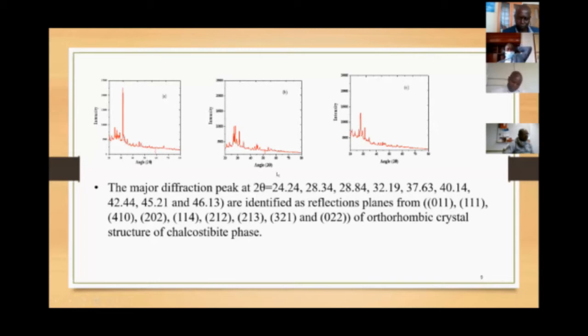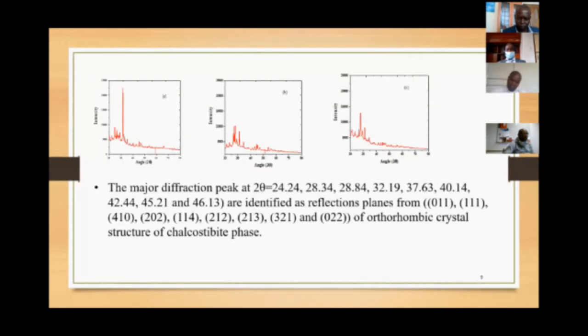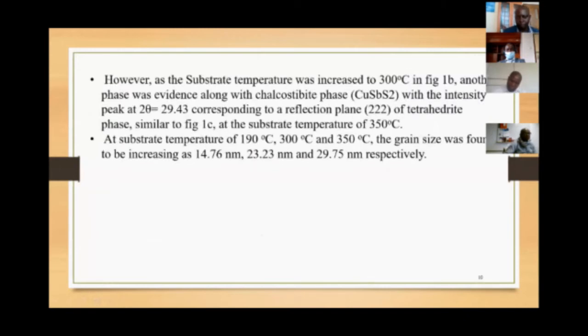We realized that as the temperatures were increased to 300 and 350 degrees Celsius, other peaks appeared, indicating that a mixed phase was present. I identified a tetrahedrite phase at 2 theta of 29.43, corresponding to the 222 reflection plane of the tetrahedrite phase.